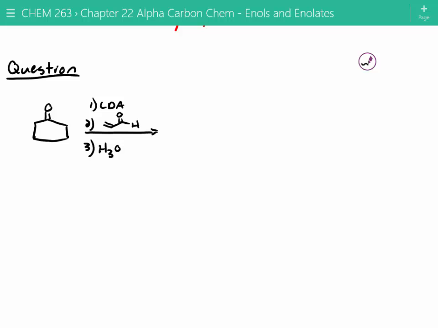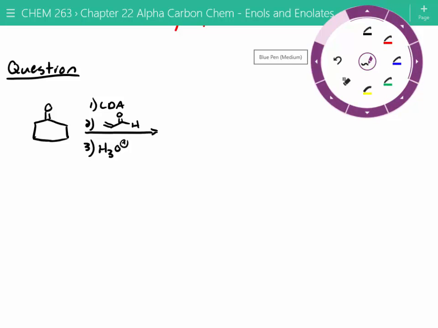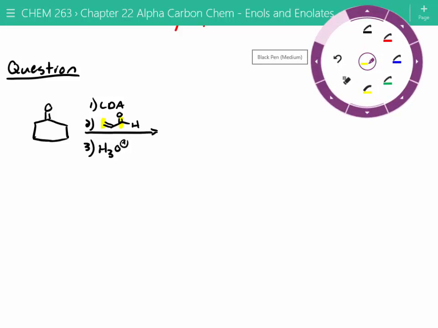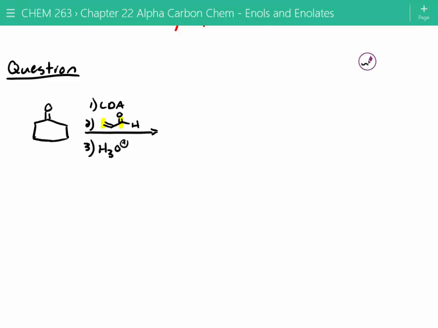So the question is, when we deprotonate it and form our enolate, is it going to attack, let me actually use my highlighter, at the beta position, or is it going to attack at the position directly on the carbonyl? This time, because it's a very, very unstable enolate, it will actually attack the carbonyl carbon.